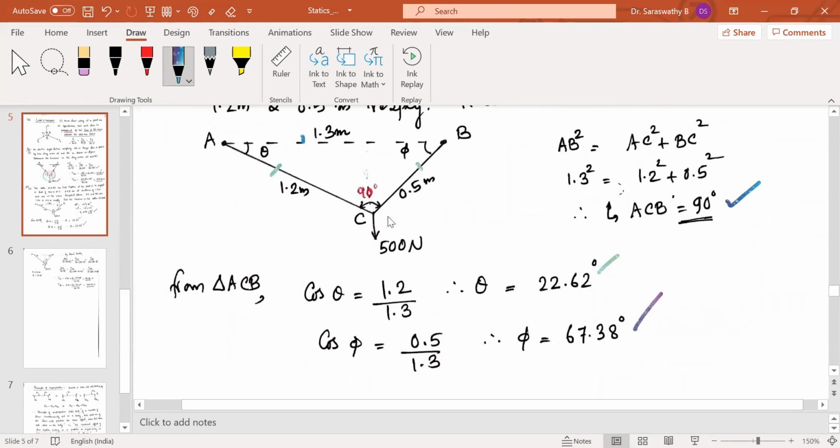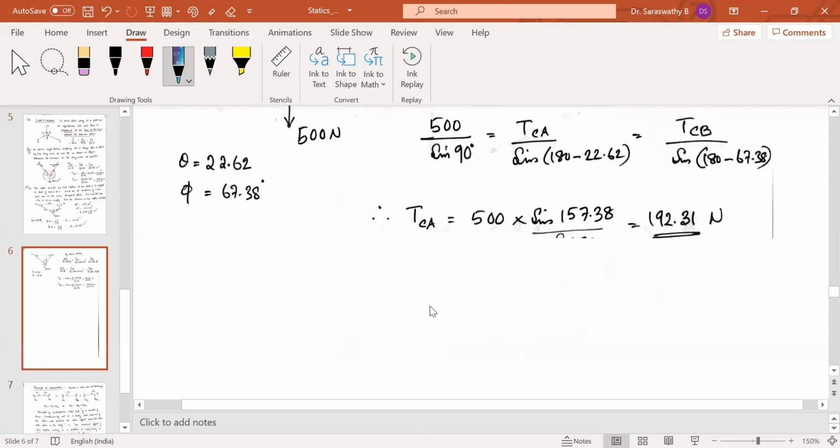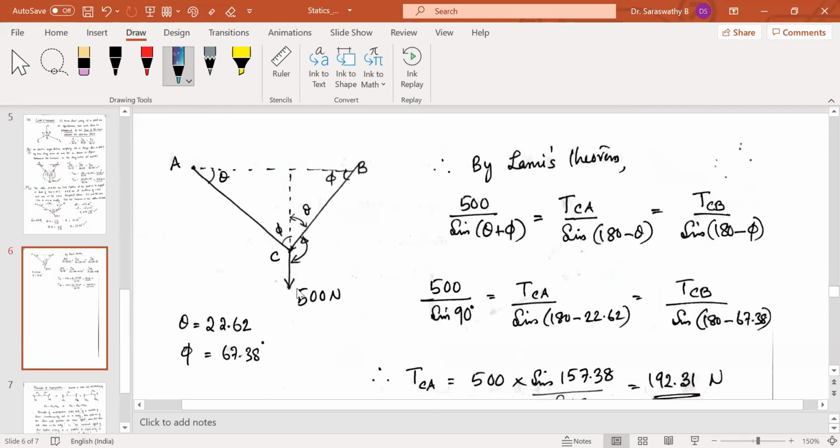Now apply Lami's theorem. The 500 Newton force, the tension in this wire, and the tension in this cable, all three are acting at a single point. So apply Lami's theorem. I have 500 Newton, the tension in this cable, and the tension in this cable.